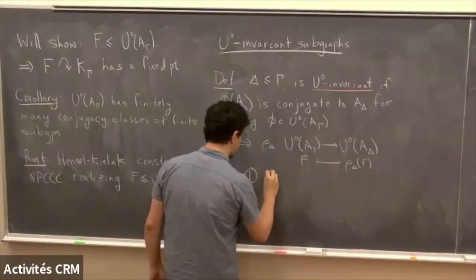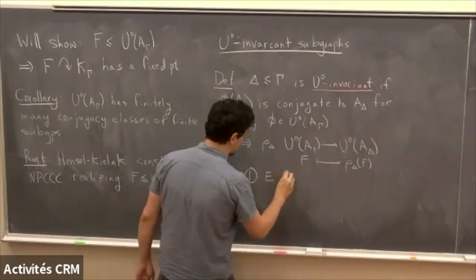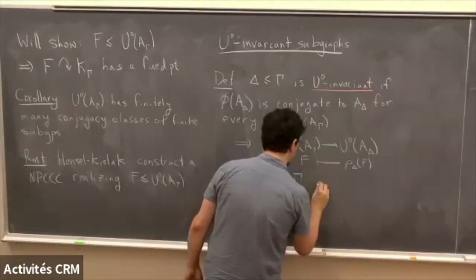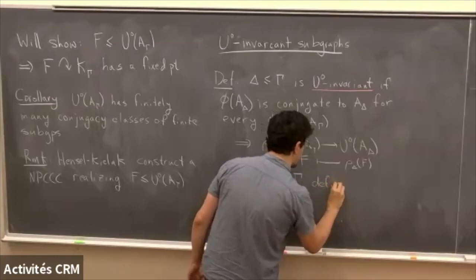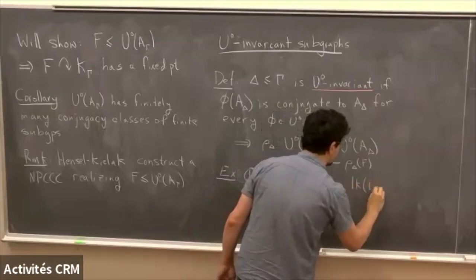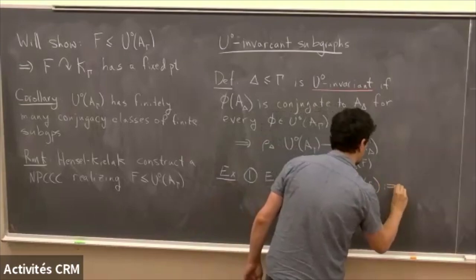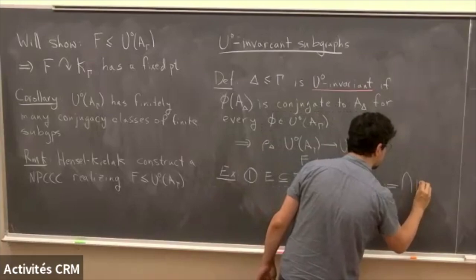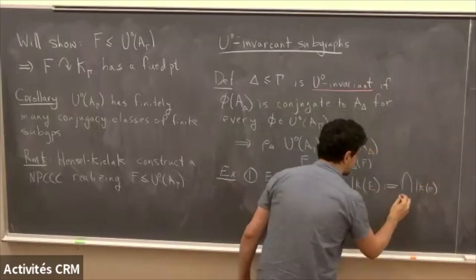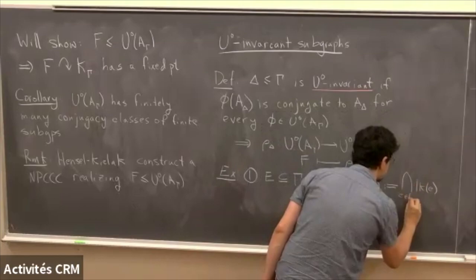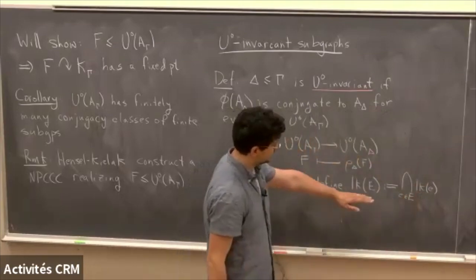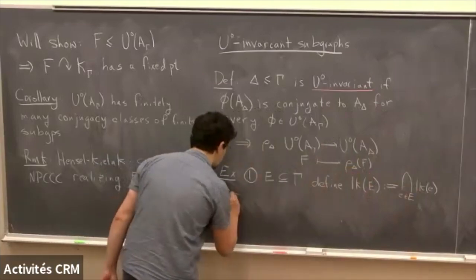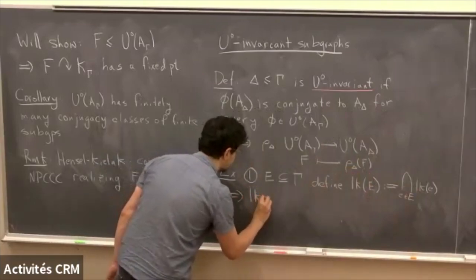So maybe the simplest construction is if I take any subset E of gamma, and I define the link of E to be the intersection of the links of all the elements in E. So these are all the things in gamma that commute with every single element of E. Well, then the link of E is U0 invariant.